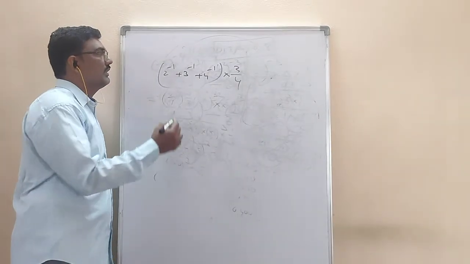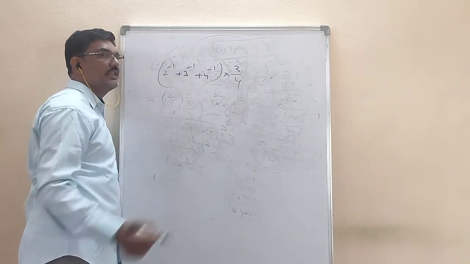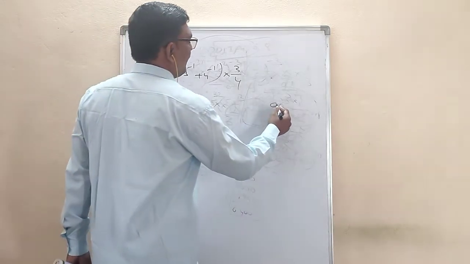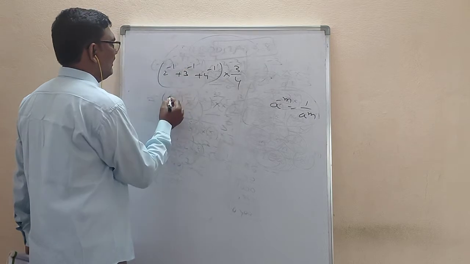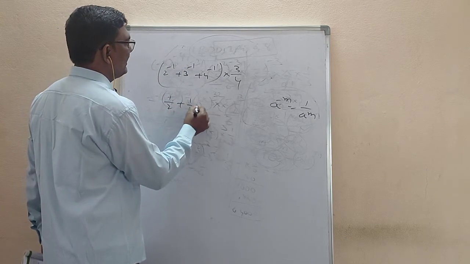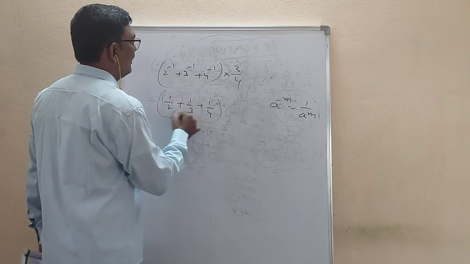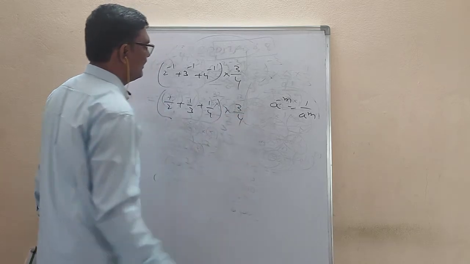How do we have to do it? So again you are seeing the powers are minus, or not? So the formula a power minus m is 1 by a power m. Here m is 1, so you can write 1 by 2 plus 1 by 3 plus 1 by 4, into 3 by 4.